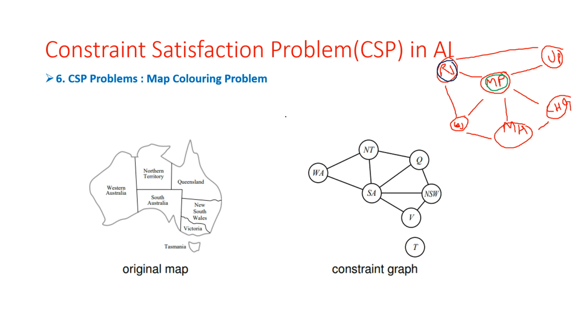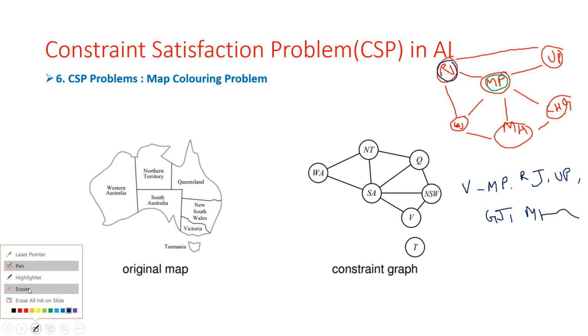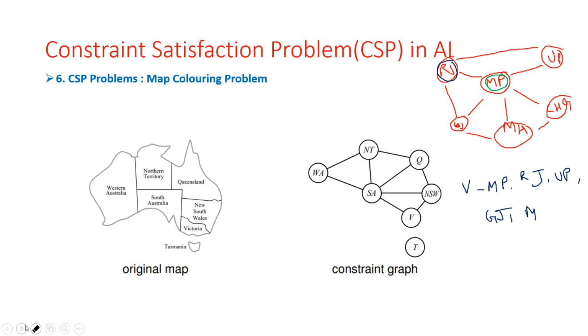We define the variables of these regions. The variables are MP, Rajasthan, UP, Gujarat, Maharashtra, and Chhattisgarh.